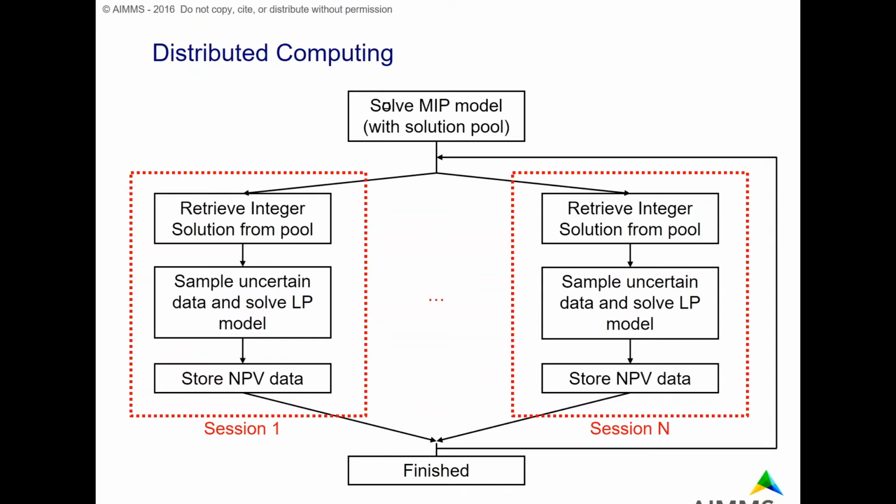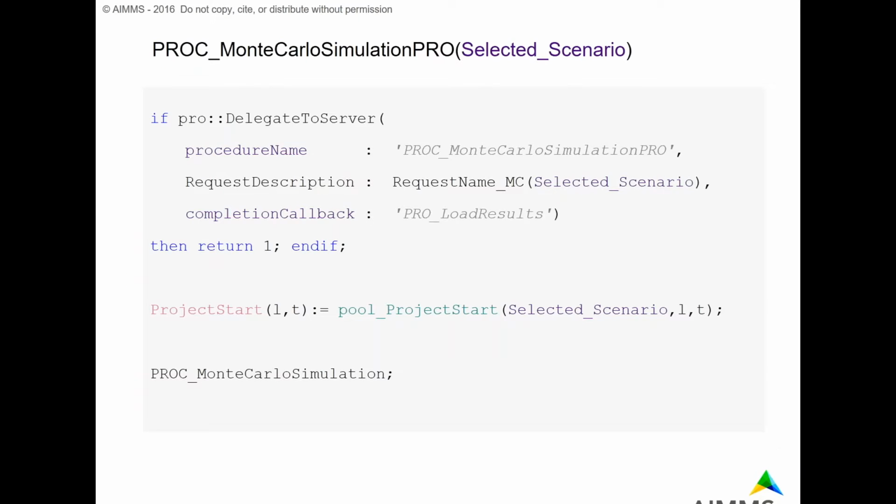In AIMMS PRO, this is possible. We modify some settings to dispatch each session to a different AIMMS server, or even different sessions on the same server, because a server usually has multiple cores.